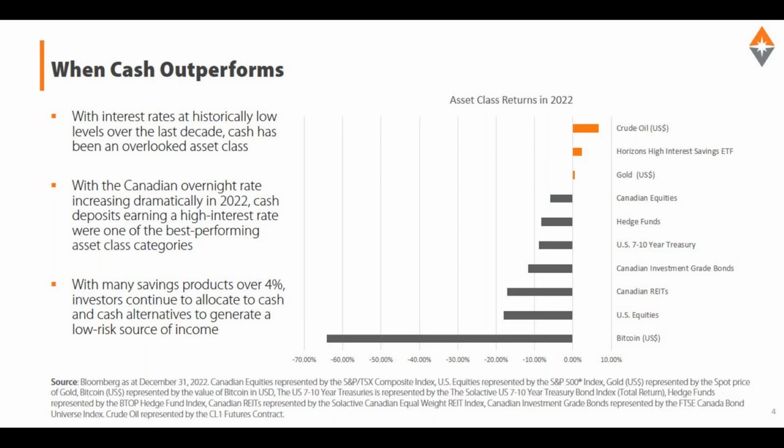So what you can see here is in 2022, most asset classes, Canadian equities, treasuries, REITs, even Bitcoin obviously, had negative returns and fairly sizable negative returns, where you really were looking at three asset classes, crude oil, gold, and cash, as positive generators of return for your portfolio.